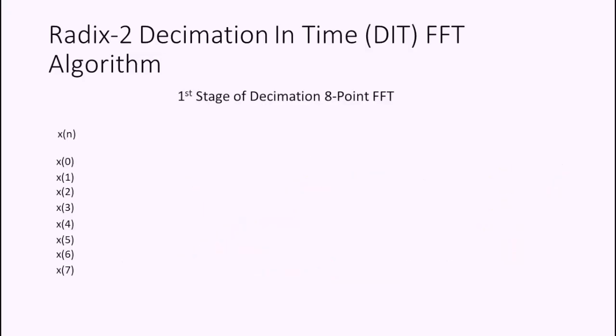Now, the first stage of decimation of an 8-point FFT. We take some data x[n], say 8-point data: x0, x1, x2, x3, x4, x5, x6, x7.